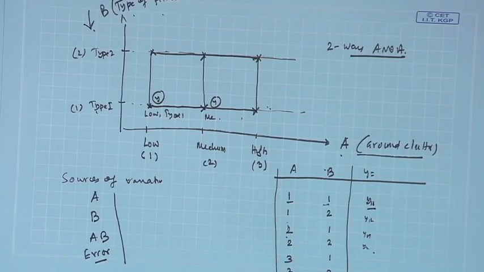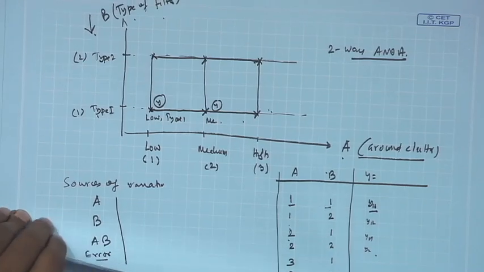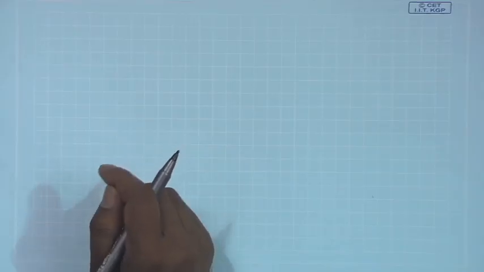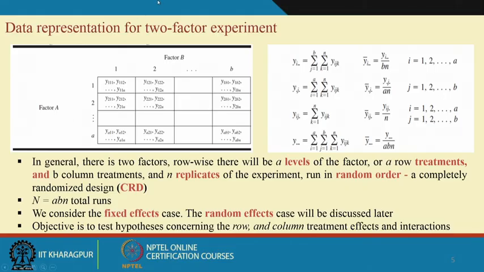So, let us see what the model for two-way ANOVA will be. You see the basic two factor model. Here again we will see the table first. See this table: factor A, factor B, A has a number of levels, B has b number of levels, and each cell in this table is a treatment combination.